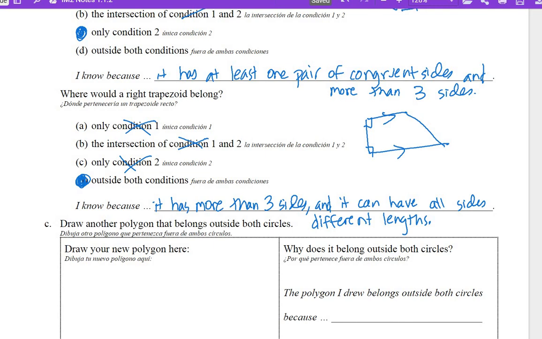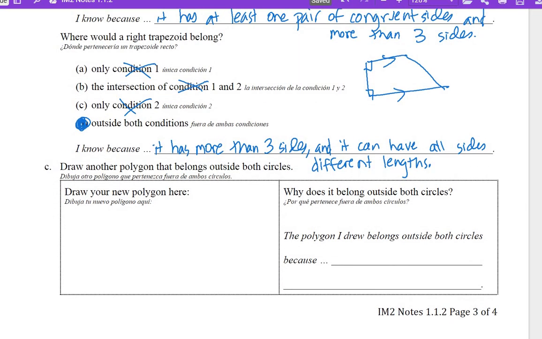Okay, so let's draw another polygon that belongs outside both circles. So I need more than 3 sides, and all sides have to have different lengths. I think I can do it. That's not obviously correct. This side longer. There. It belongs outside both circles.